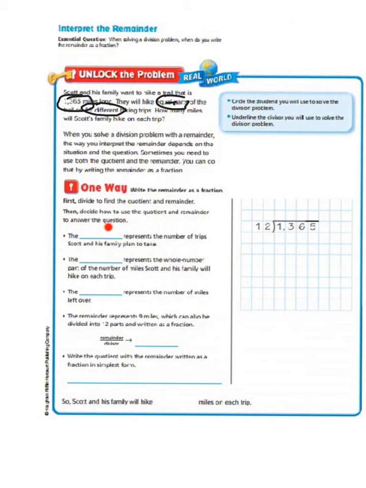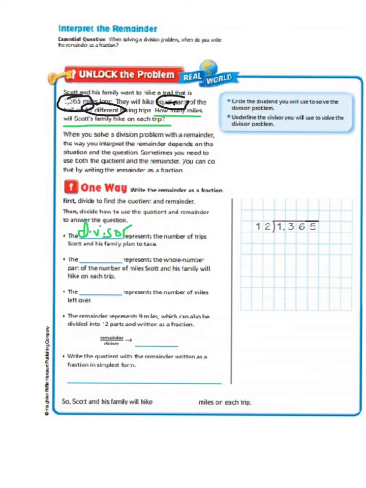our question. So let's go back to our word problem and look at what our question actually is. It says, how many miles will Scott's family hike on each trip? All right, so we come down to the bottom and it says the divisor represents the number of trips Scott and his family plan to take.